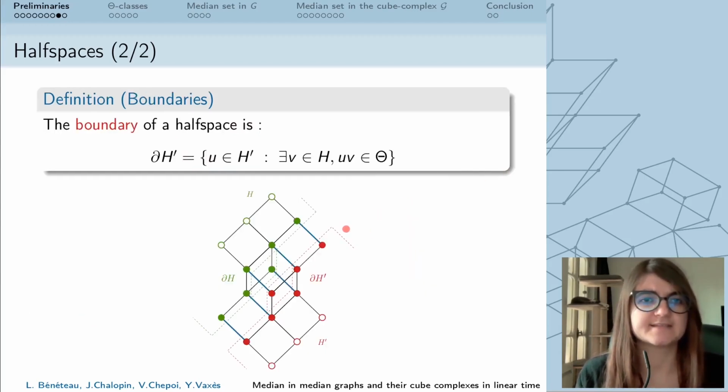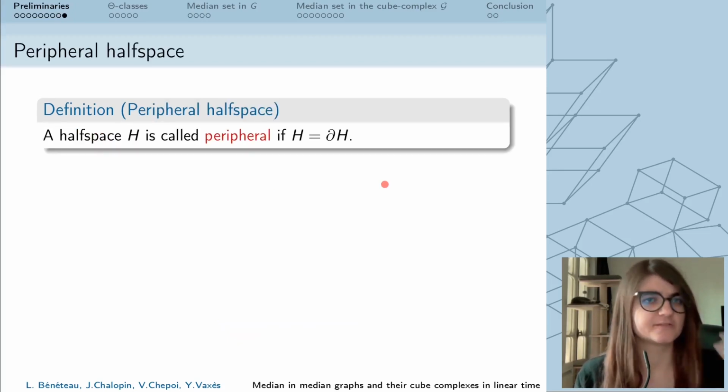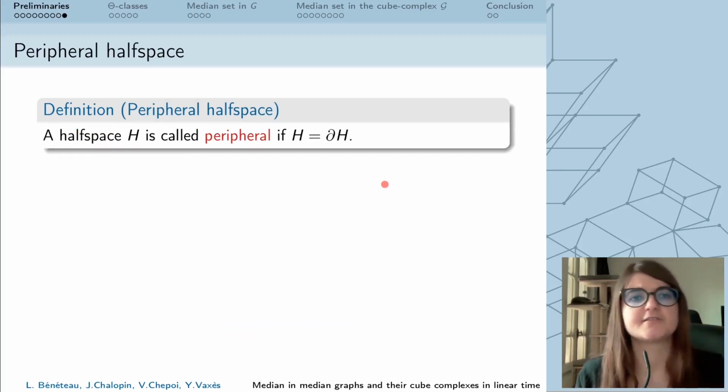The vertices of a half space that have a neighbor in the other half space are called the boundaries. Also, they are the vertices that belong to an edge of the theta class. And the peripheral half spaces are the half spaces that coincide with their frontiers.